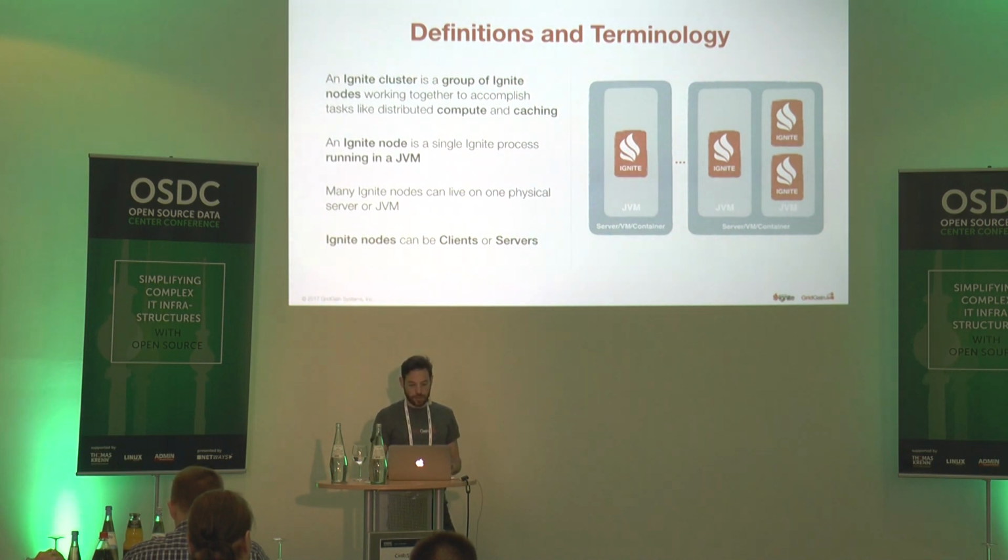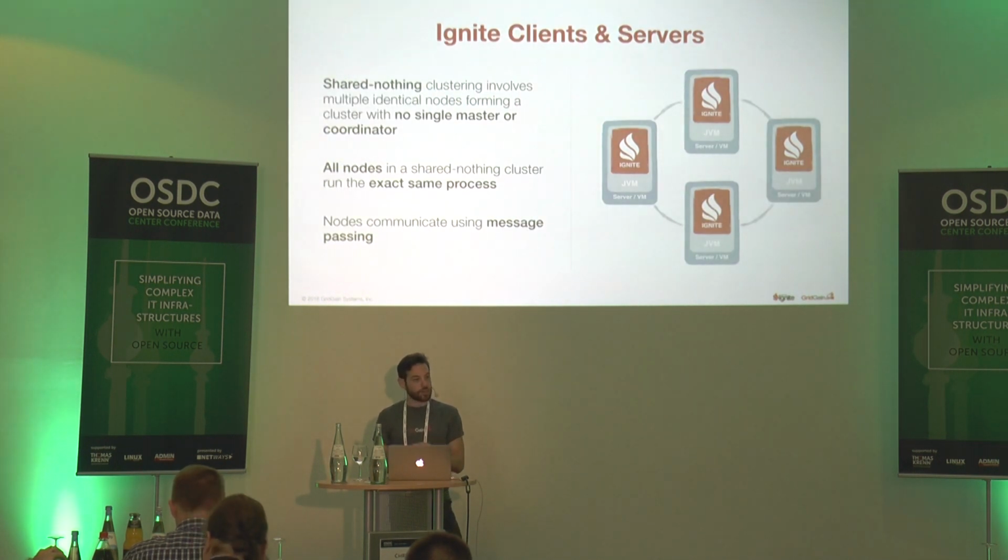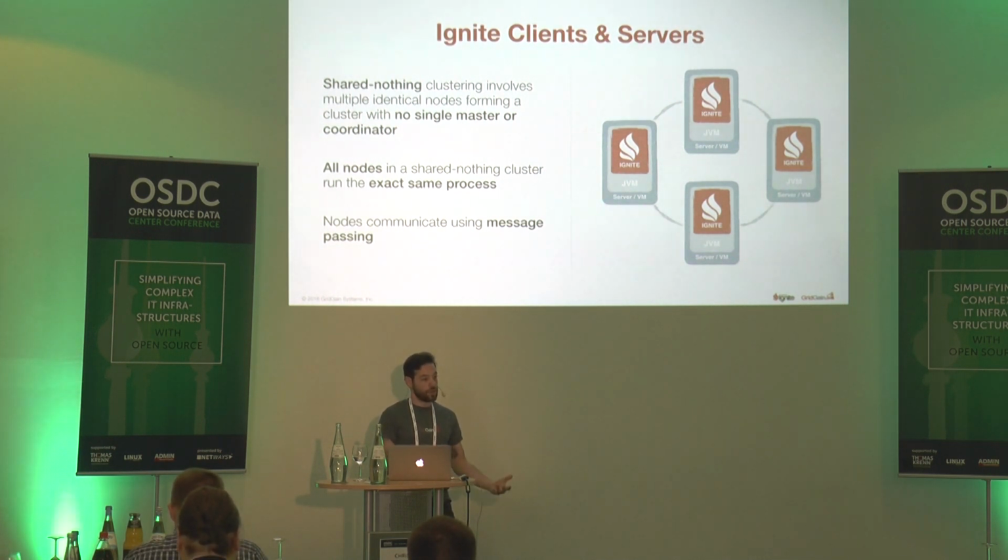So like I said, Ignite nodes, clients and servers, are pretty much exactly the same process. The only difference with a server is that it can store data. When we say store data, imagine a distributed hash map or a container that can store some entries, right? A client cannot store entries. It can access a server, access those entries, read them and do some processing, but not really store any data.